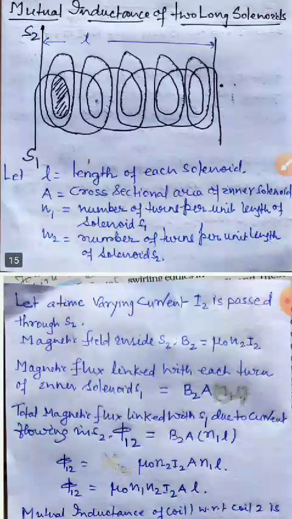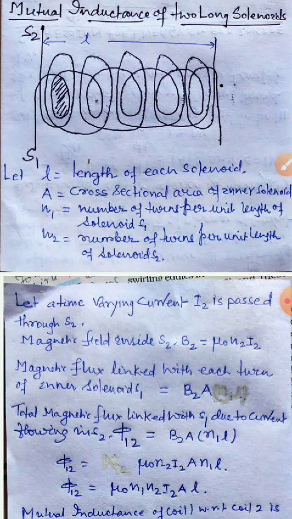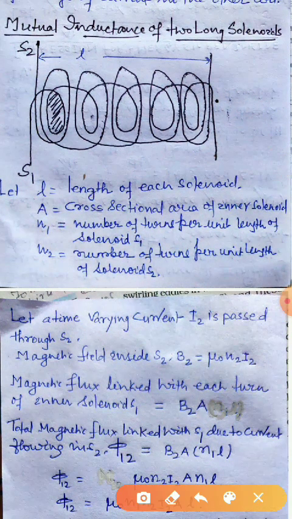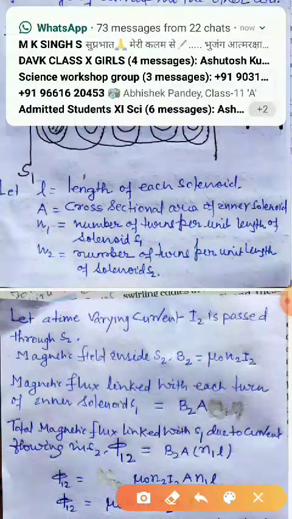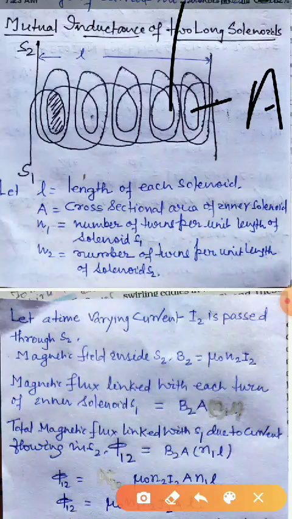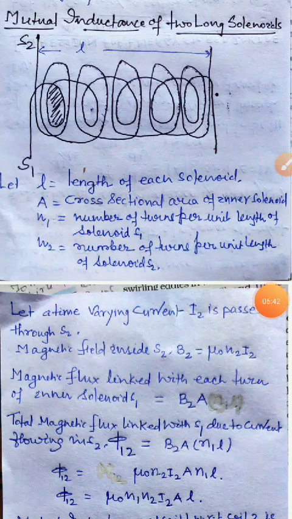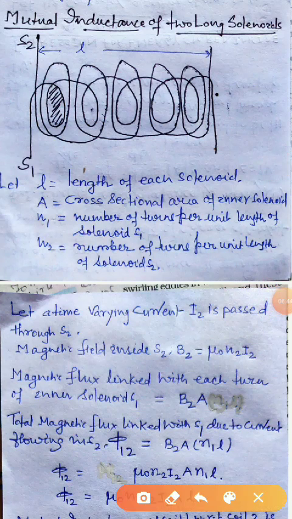Here you can see S1 and S2 are the two solenoids, each of length L, and A is the cross-sectional area of the inner solenoid.